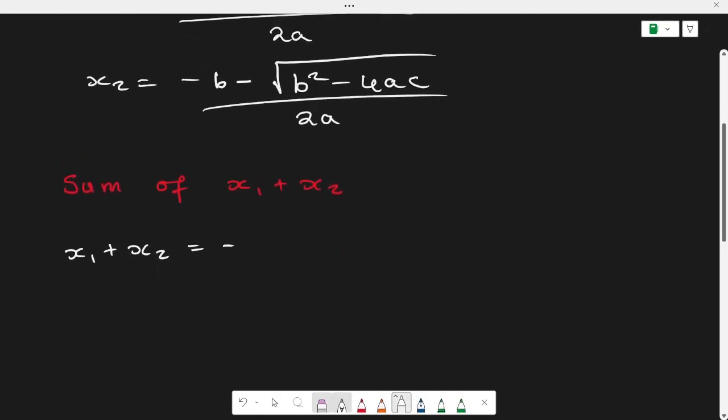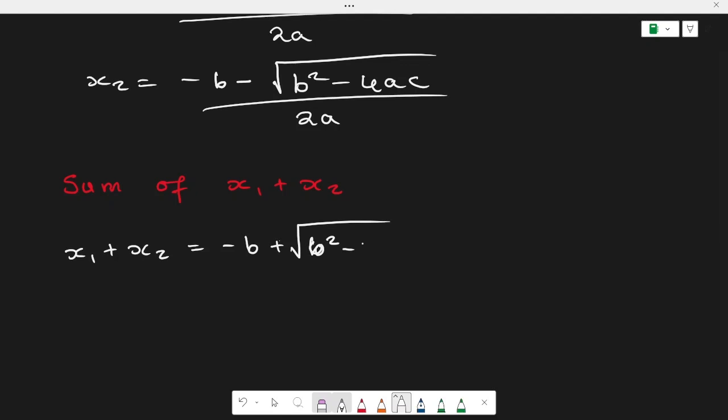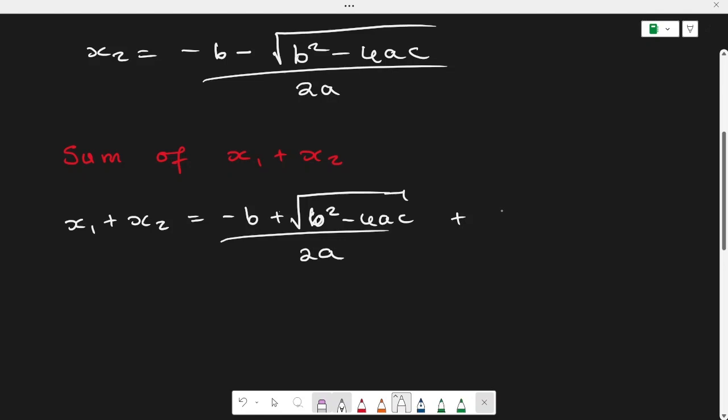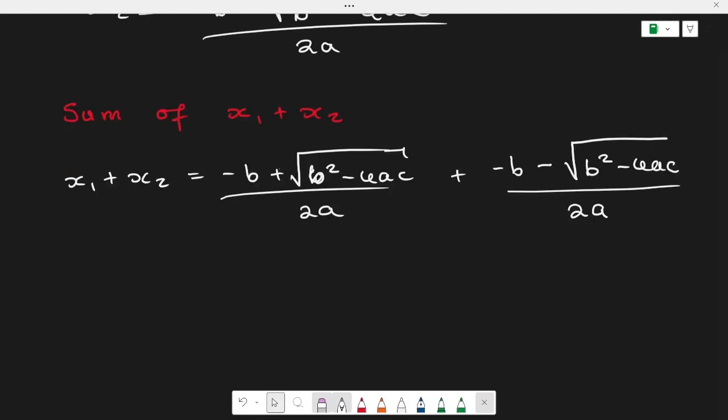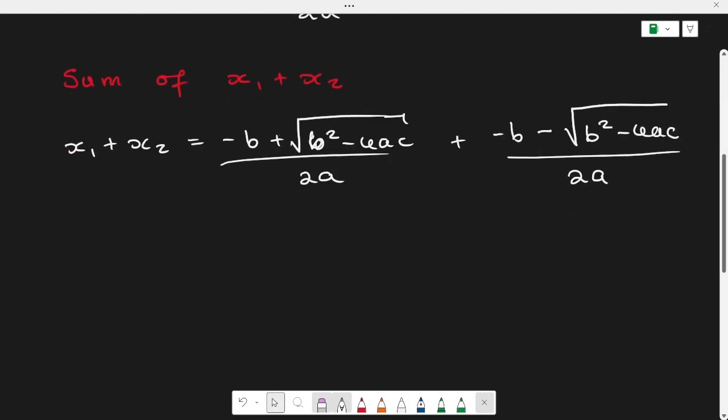So x1 is negative b plus the square root of b squared minus 4ac divided by 2a, and plus negative b minus the square root of b squared minus 4ac divided by 2a. Okay, so we find that this is common.